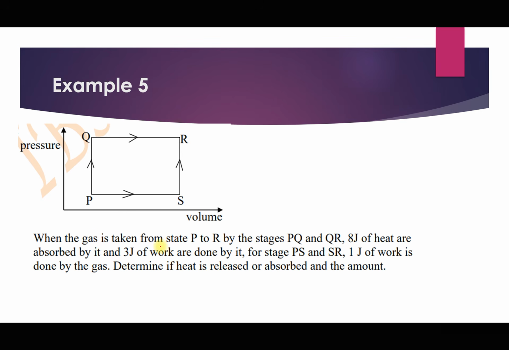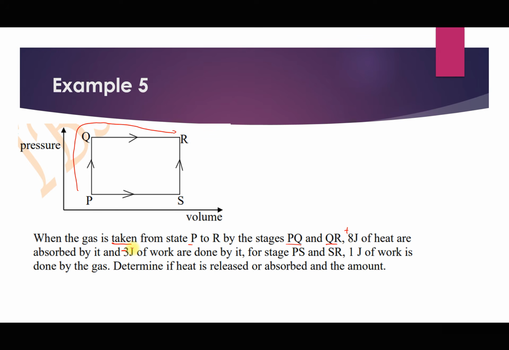When the gas is taken from state P to R, following this side P to R by stages PQ and QR, 8 joules of heat are absorbed by it. So this is absorbed by the gas, so this is positive, it goes into the gas. 3 joules of work are done by the gas.